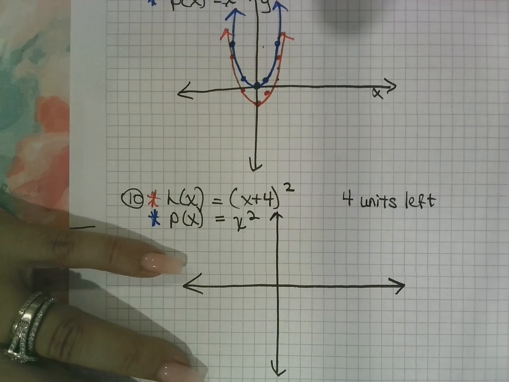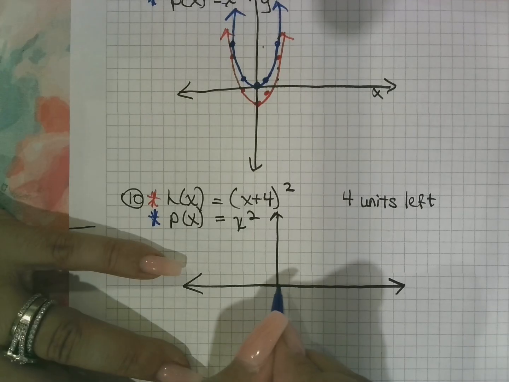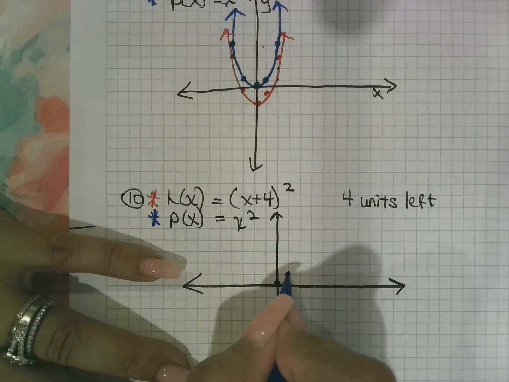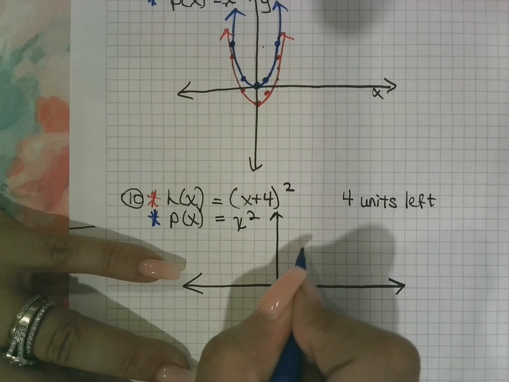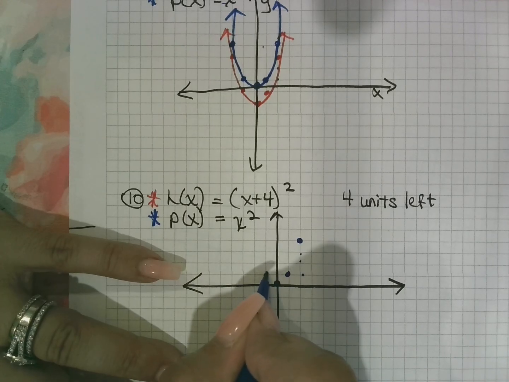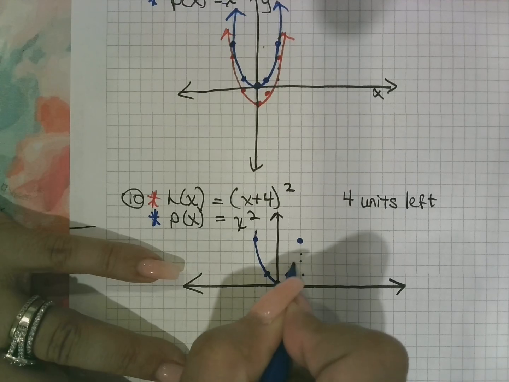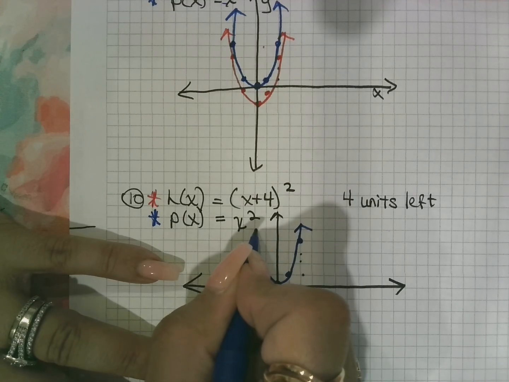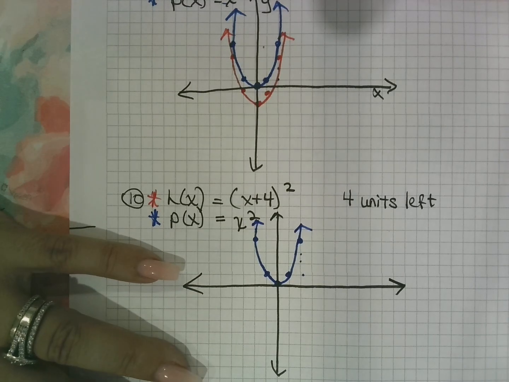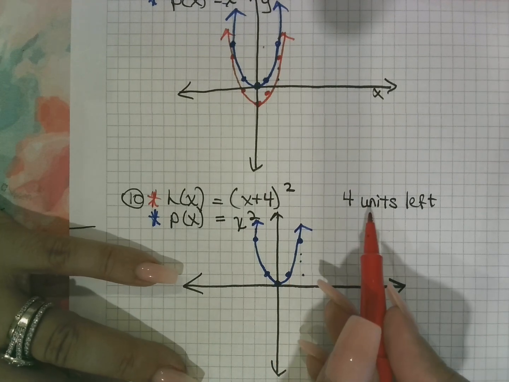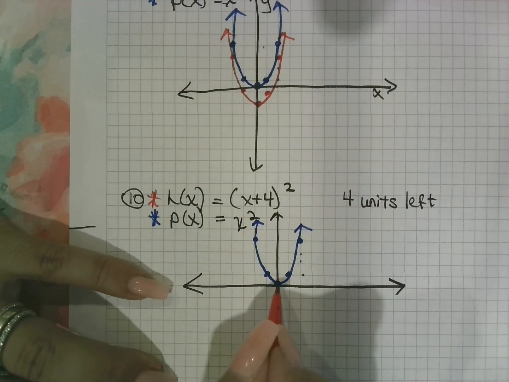Okay, so let's do the parent function again. 0, 0, 1, 1, 2, 4. And do the other side. Connect the dots, make sure it's curvy. And now we're going to move a few of these points over 4 units to the left.